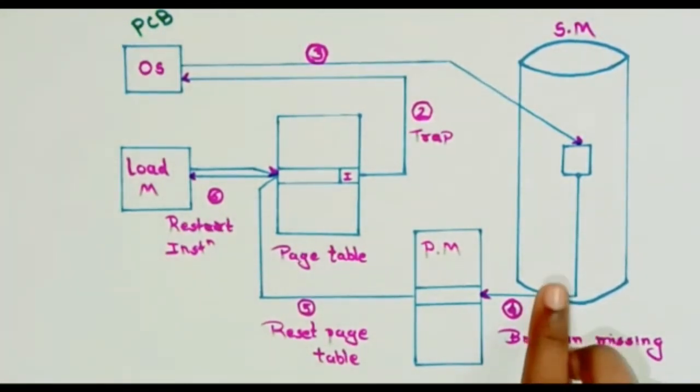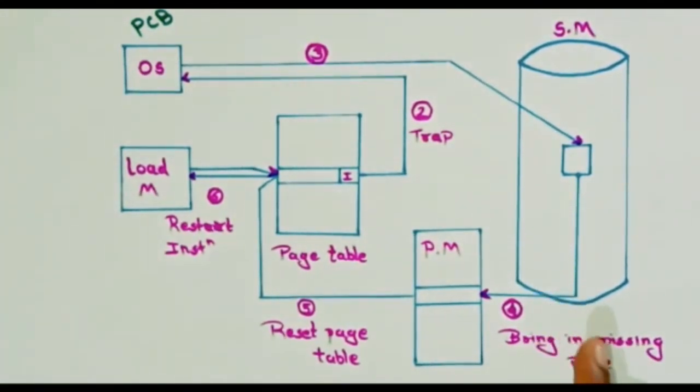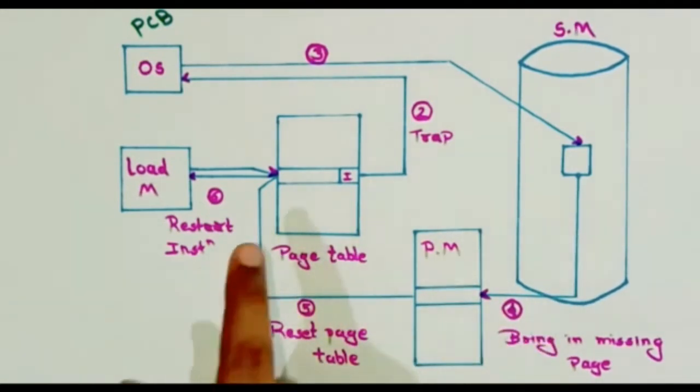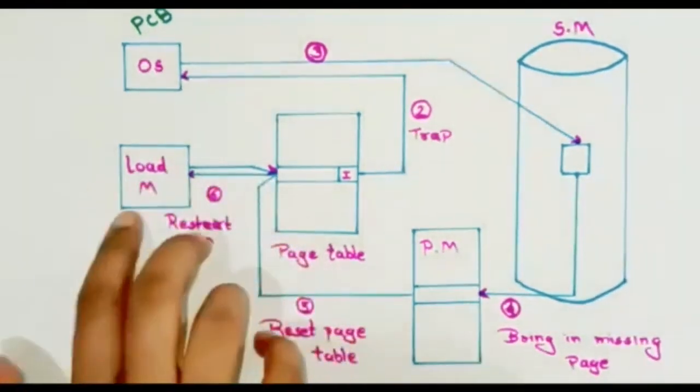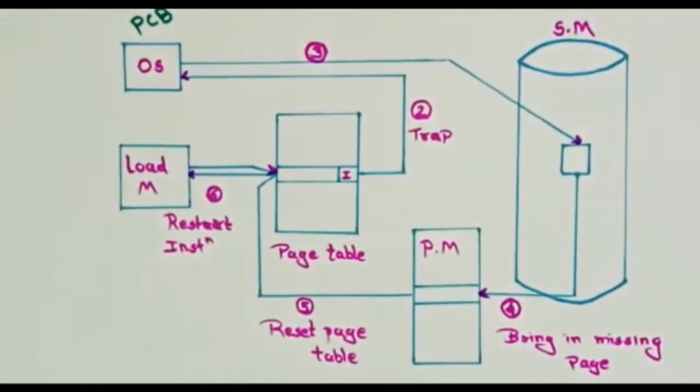The disks send the free frames to be stored in the physical memory, and then the frames are sent to the page table. Whenever the page table is reset with the new frames, it sends a signal to the CPU to restart the instruction, meaning it requests the new page again. So this is all about the page fault.